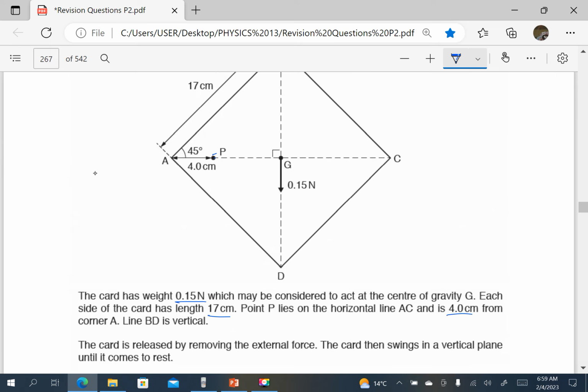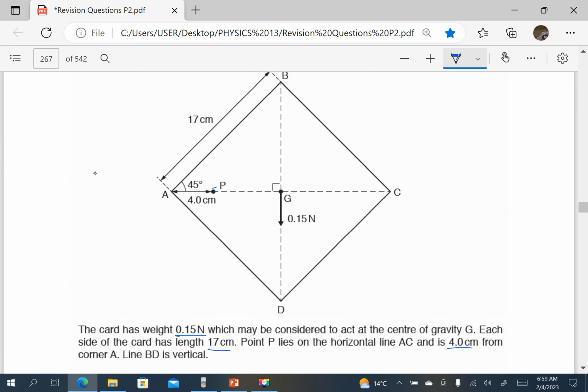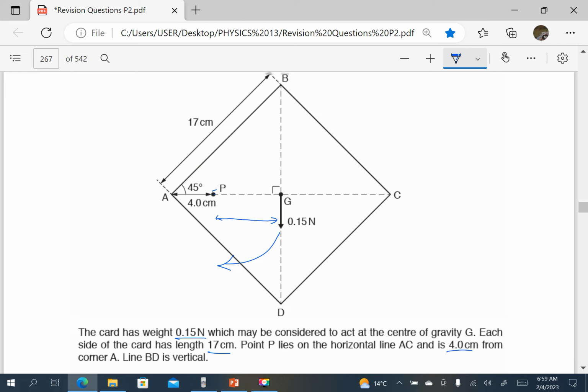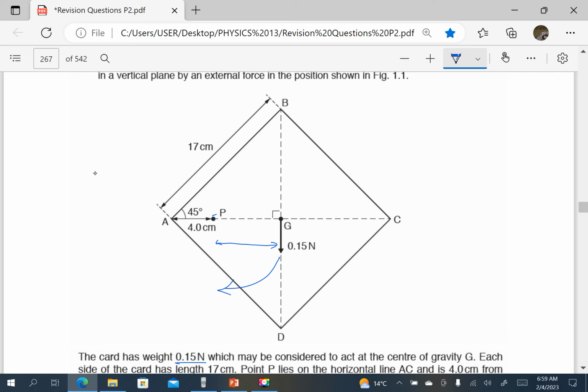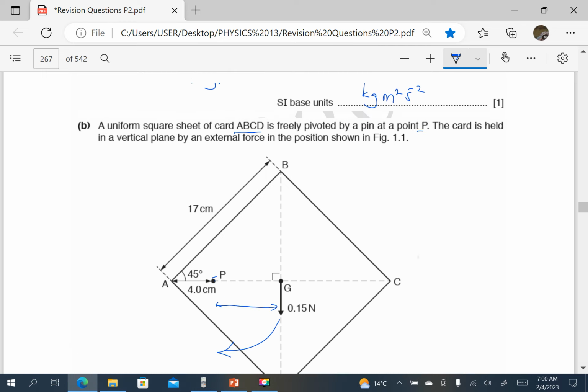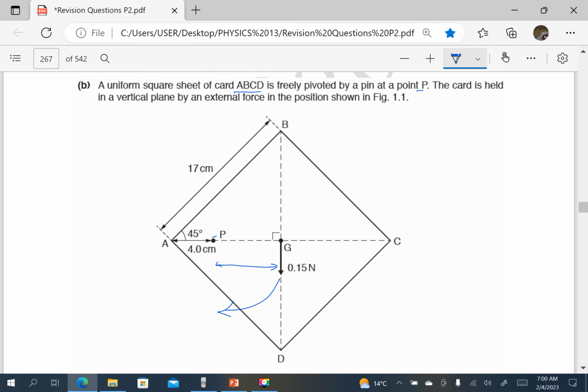So we want, this is the pivot. Of course, the weight has a perpendicular distance from the pivot. So the weight is going to cause a clockwise moment about point P. So we just need to find that distance. If AB is 17, and the card is square, so we just look for the diagonal.